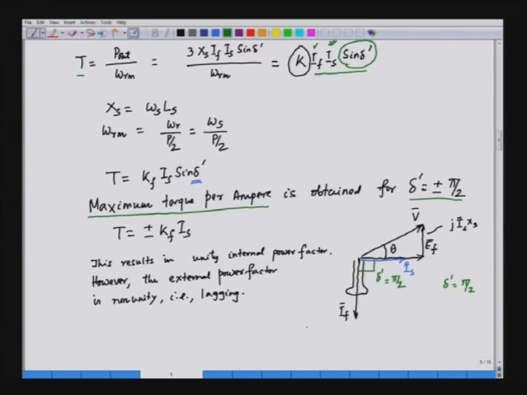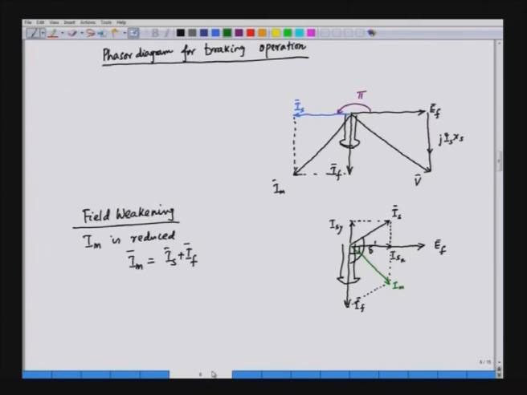And we see here the voltage V, the field current, and Is, the armature current, and the torque is given by Kf into Is for delta prime equal to plus minus pi by 2. For the braking operation, we make delta prime equal to minus pi by 2. This is again the delta prime, and this angle is minus pi by 2, in which case Is is lagging behind If by pi by 2.